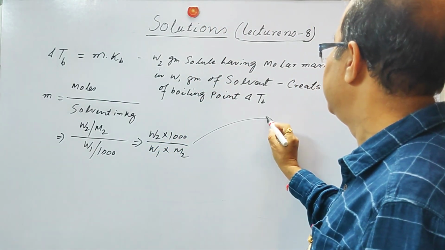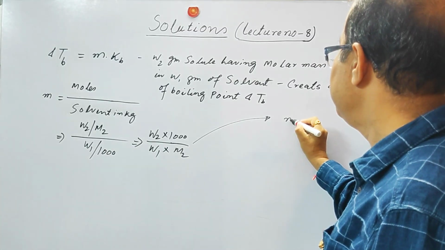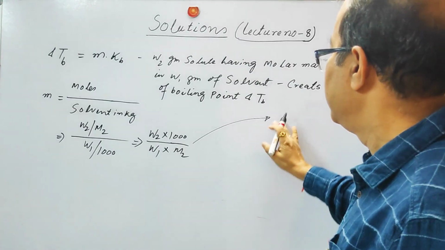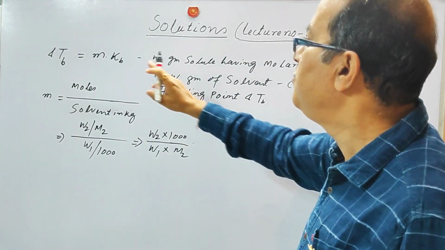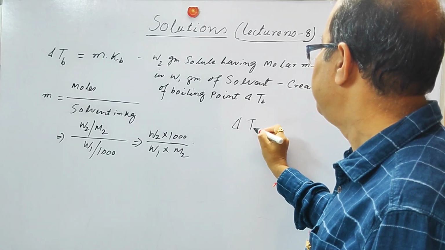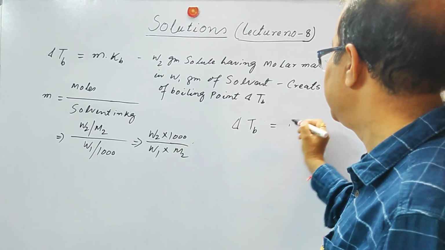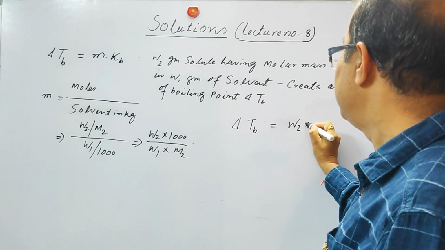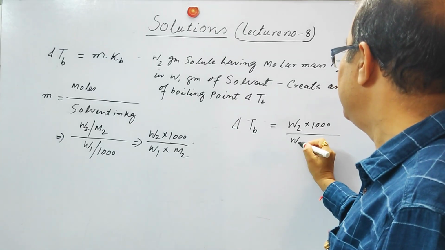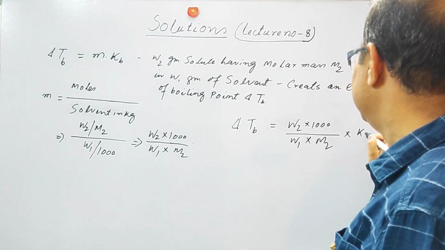This is the relationship that we can get, that is m. Now by putting this m here in this equation, m is W2 into 1000 divided by W1 into M2, into Kb.